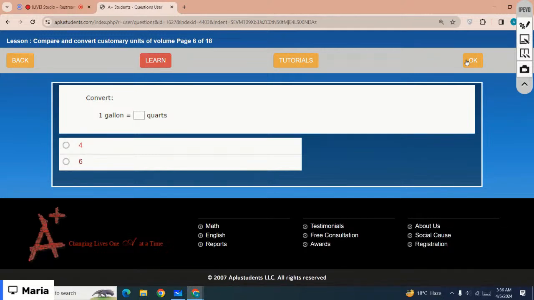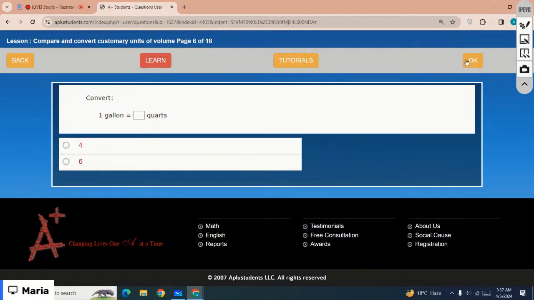1 gallon equals how many quarts? 1 gallon equals 4 quarts.